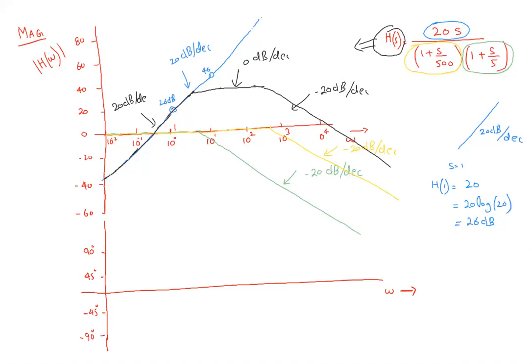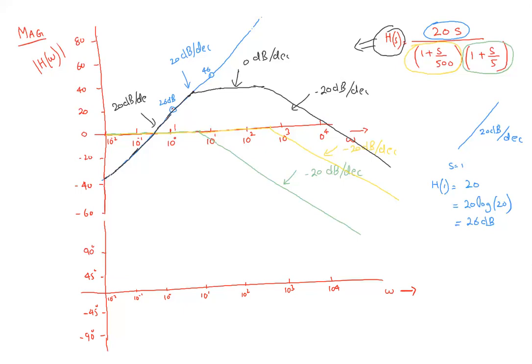Okay, so at the start, let me also write the numbers here: 10 raised to -1, 10 raised to power 0, 10 raised to power 1, 10 raised to power 2, 10 raised to power 3, and 10 raised to power 4. Now, because of this 0 at origin, I am going to have from the start value 0.001, 10 raised to -2 omega. When omega is 10 raised to -2, my angle will be 90 degrees, meaning the maximum phase of the 0 has been achieved, and that's going to be plus 90 degrees.